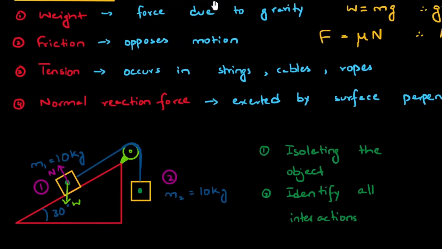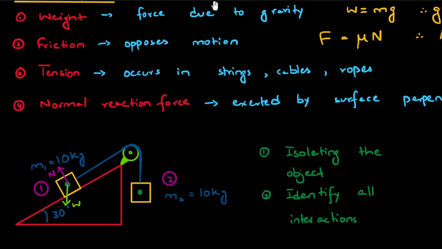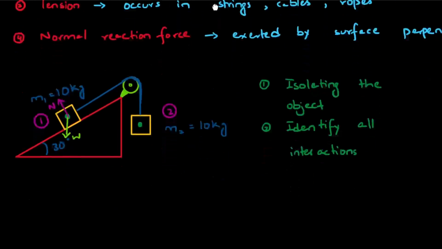Besides that, if we assume that the surface is rough and that there is a friction here, then the friction will be represented by an arrow going in the upward direction, like this, since it's going to oppose the motion of this block.